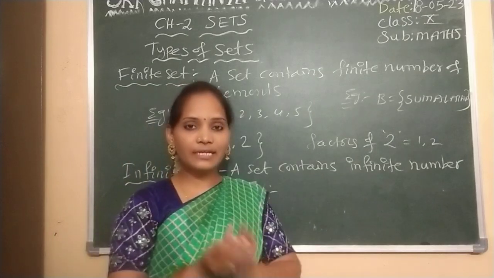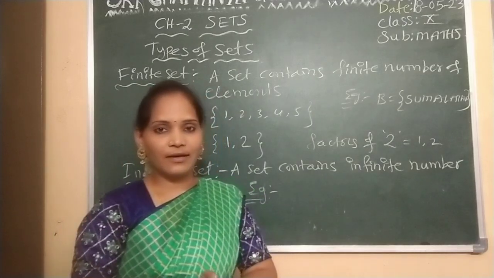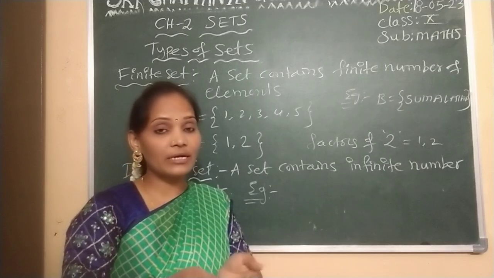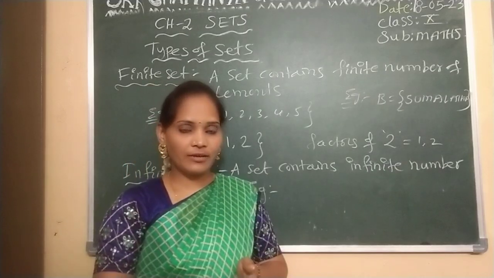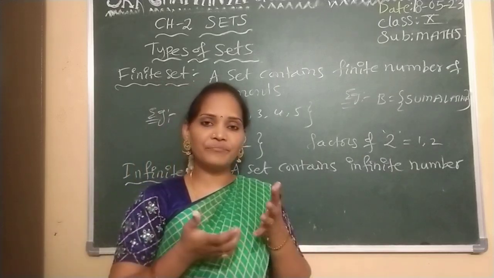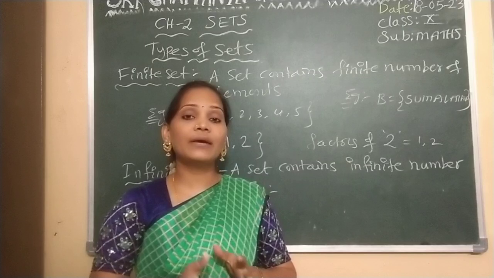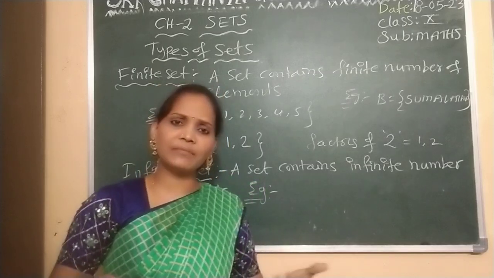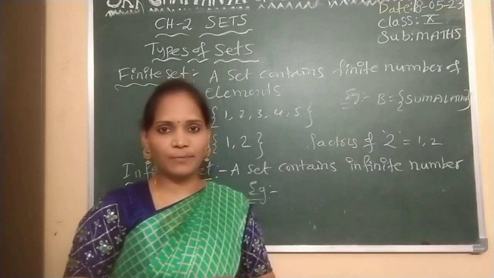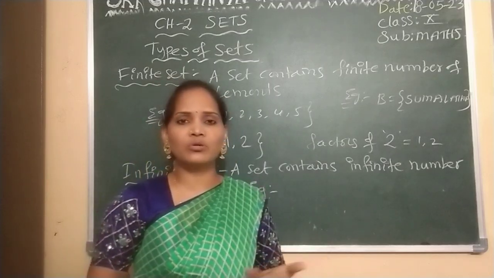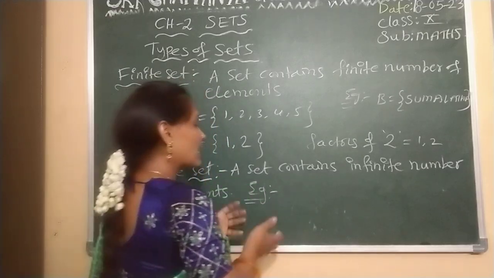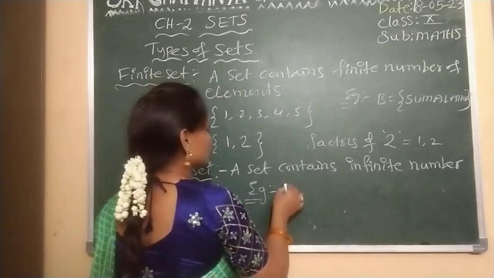Example, a set which contains multiples of 3. Why am I taking this example? Because every number has how many multiples? Infinitely many multiples. So can we count those multiples? No, we cannot count those multiples. So that is an example of the infinite set.